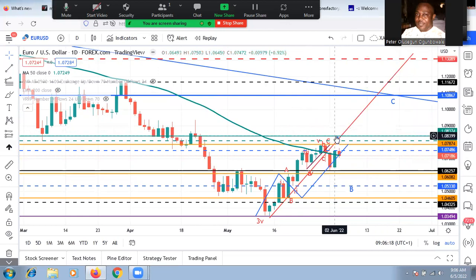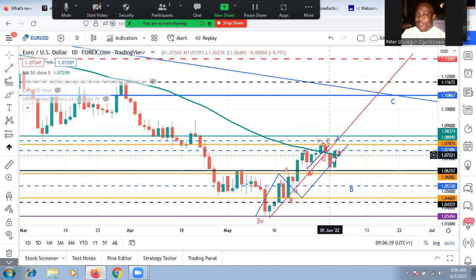Because the A wave, now in blue, is a zigzag up, and we don't know what it is going to give us. Of course, I don't expect that the one in the middle will give us a zigzag. It doesn't work like that. If this one has been a zigzag, the one in the middle definitely is going to be a flat. It cannot be a triangle, because a triangle is going to end it. So it's going to be a flat.